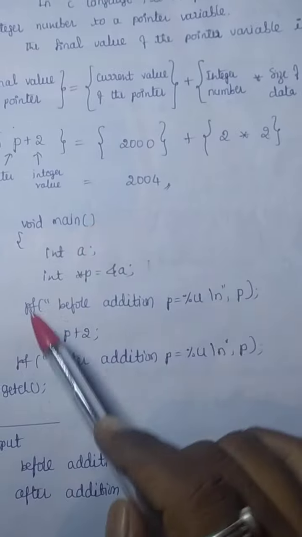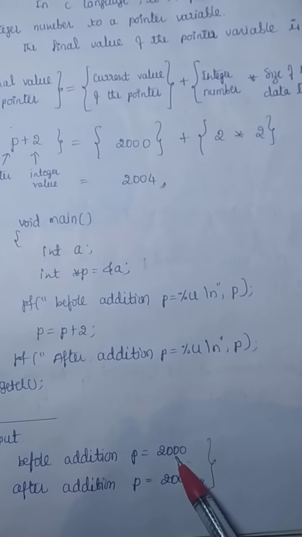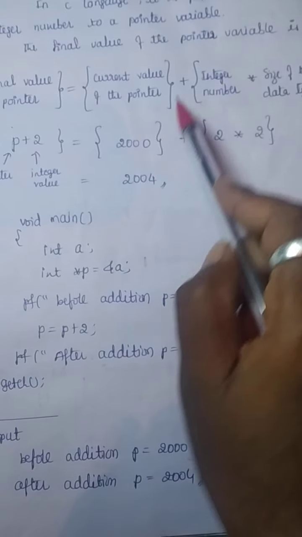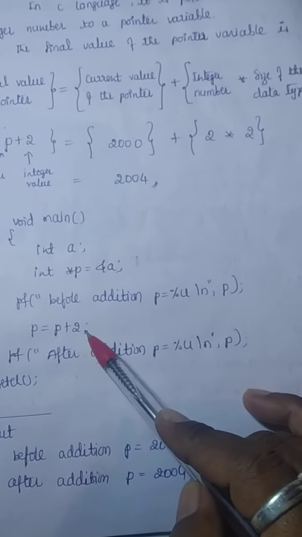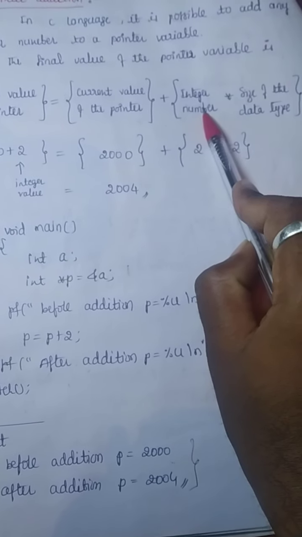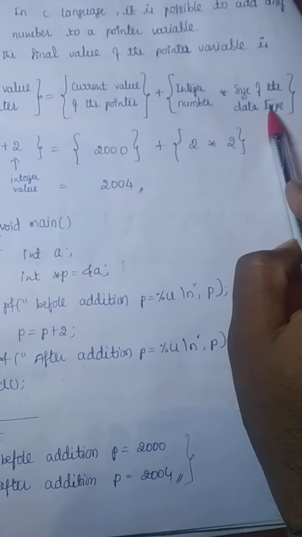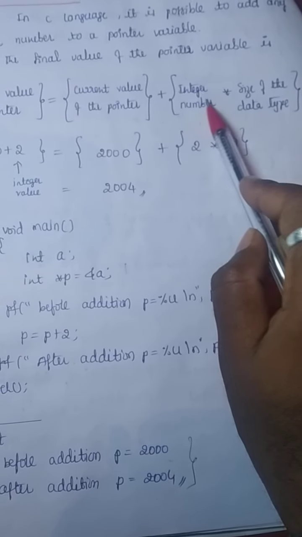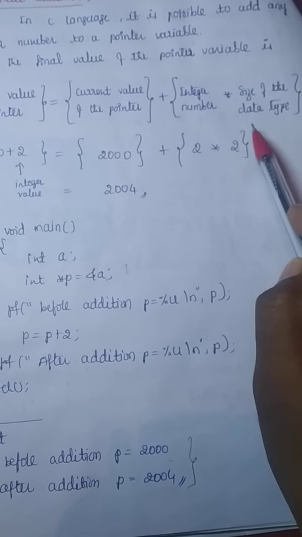Final pointer value equals the current pointer value p, that is how much? 2000. Here you can see 2000 plus 2 we are having. That 2 is nothing but the integer number. The integer number is going to be multiplied with the size of the data type. What is the size of the data type we are having? Integer. Integer holds how many bytes? 2 bytes.